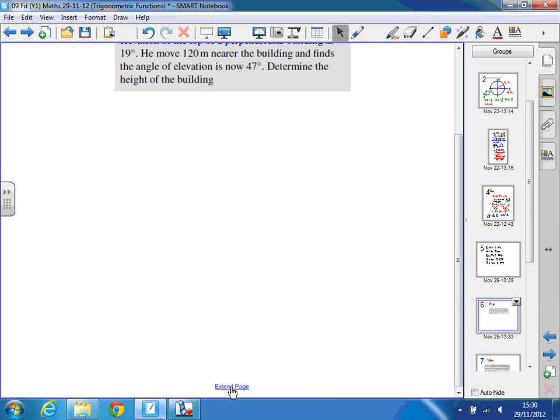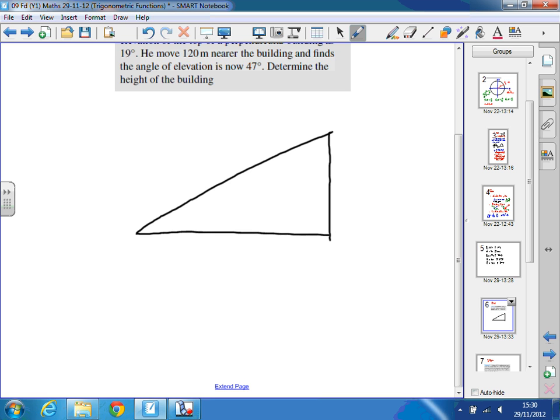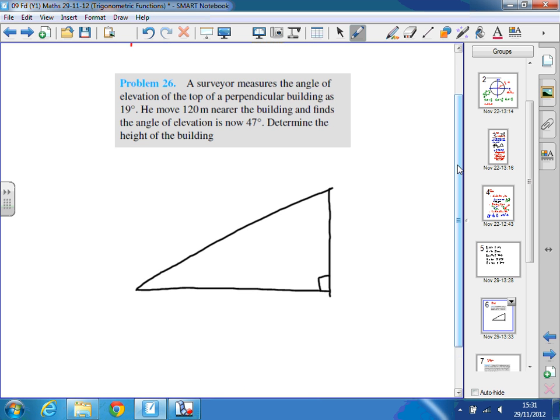So let's draw it as they've done in the textbook. Here is our building. It's perpendicular, which means it's at right angles to the ground, so we've got a right angle triangle. Thank goodness for that, that makes life a lot easier. The surveyor measures the angle of elevation of the top of the building as 19 degrees, so this angle is 19 degrees.